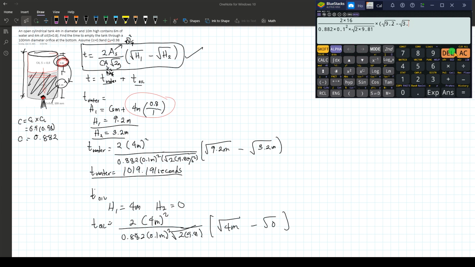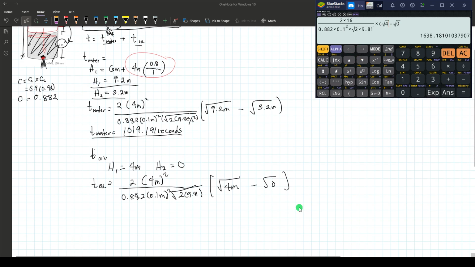Okay, the square root of 0 is 0. This is 4, so just change this to 4. The answer is 1638.181 seconds.